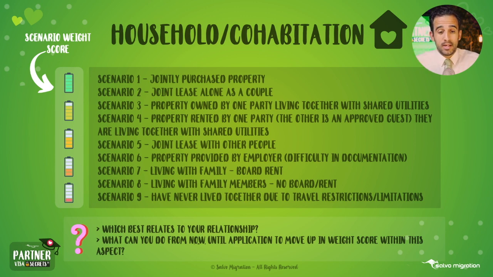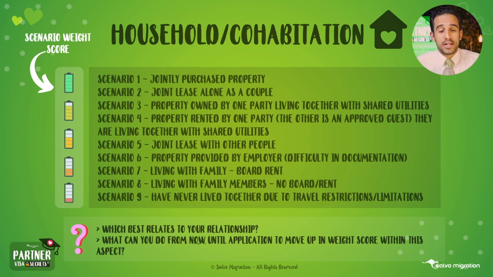Because arguably, a couple that live together on their own have an easier go at demonstrating the nature of their commitment. Arguably, a couple that live together on their own can demonstrate that they are de facto in a married relationship more so than couples that might be sharing accommodation with other people.